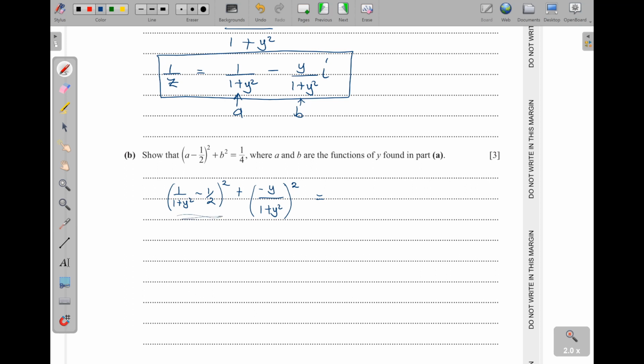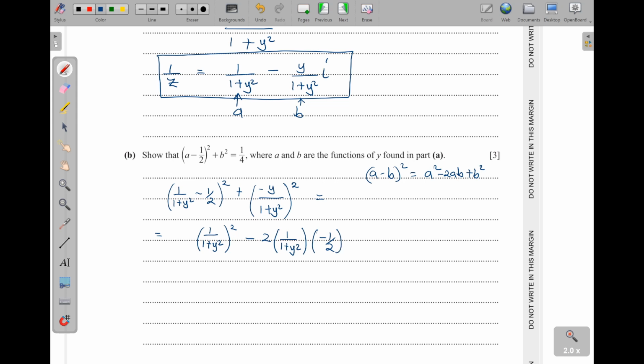We are expanding this. You know that a minus b squared is a squared minus 2ab, then plus b squared. So that means here I'm going to have 1 over 1 plus y squared, I square it. Then minus now 2 times 1 over 1 plus y squared, then times negative a half.